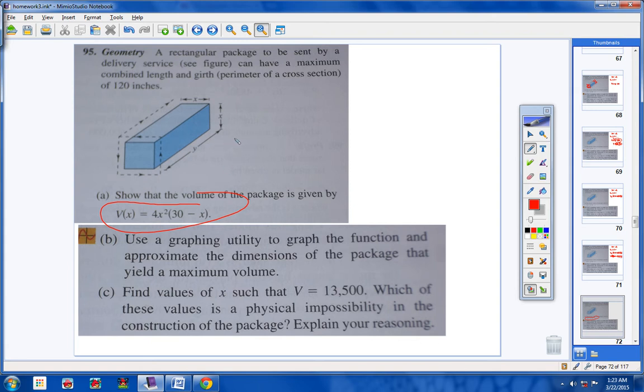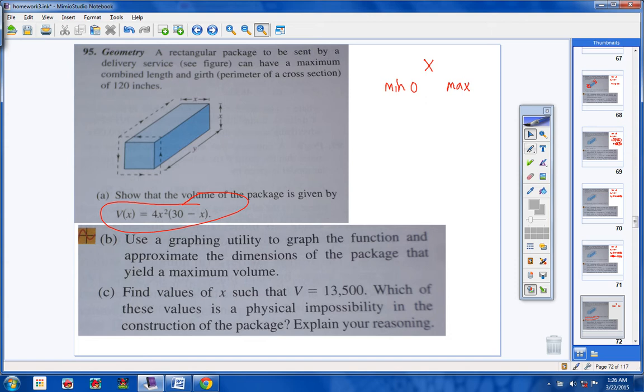Okay, so I know I want my x window to have a minimum of 0. Now, let's see here, guys. How are we going to figure out what my x max should be? Let's think about this for a second.